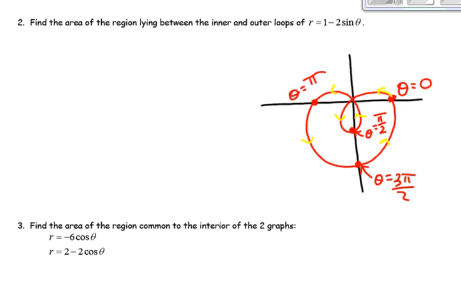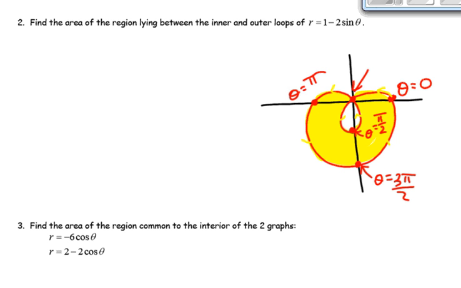All right, so we want to find the area of the region lying between the inner and outer loop, which would be that region there, okay? So what we would be interested in is when this graph hits this inner loop right there. So we need to find that value, which is the same thing that we did before. We just want to know when r is going to equal 0.